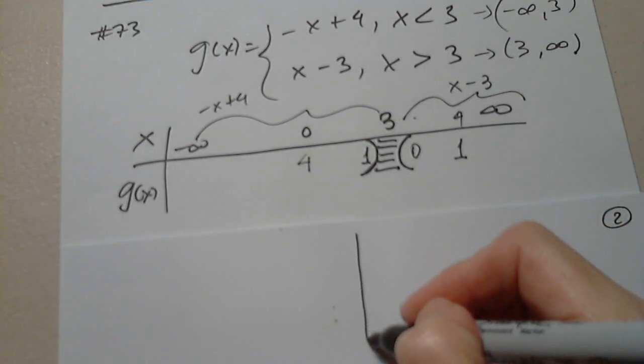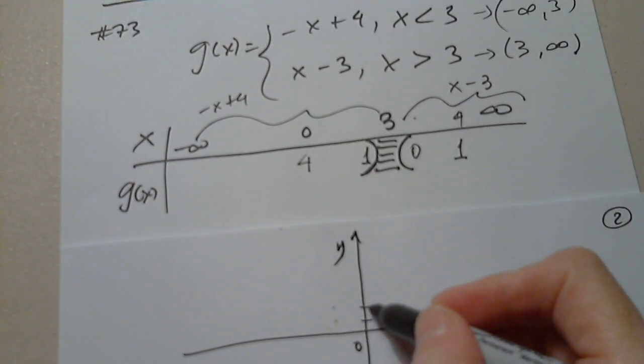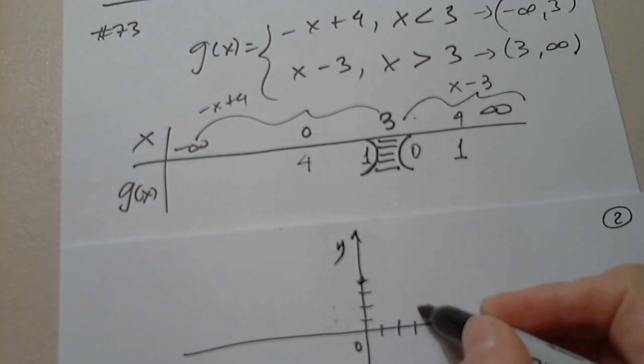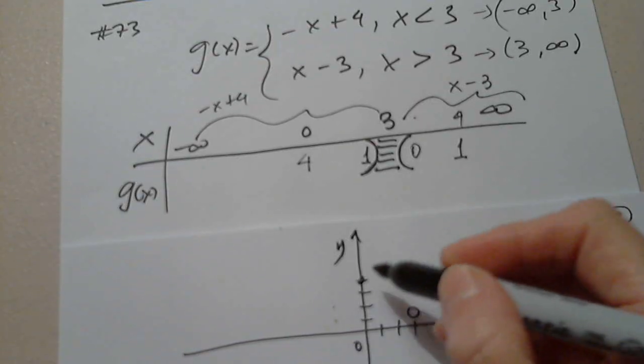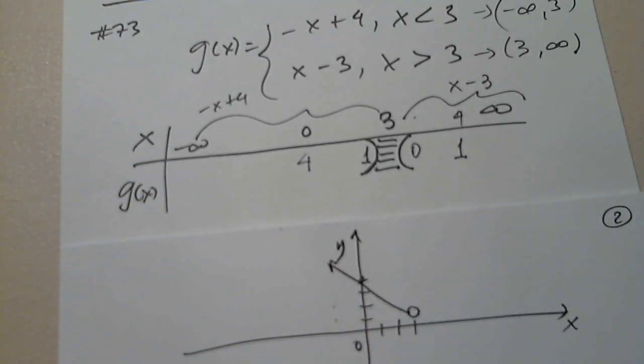Sorry about that. So 0, 4. This is still correct. And now 1, 2, 3, 1. And this is it on the left-hand side.